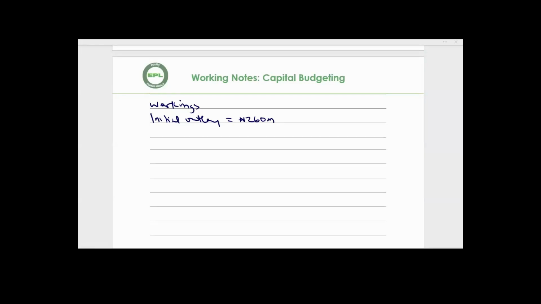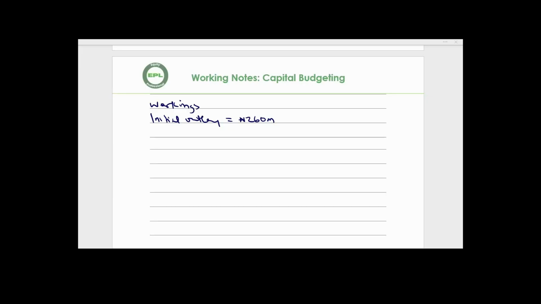The fact that your sales has increased from 360 million to 1.1 billion does not make that your sales value. The examiner is just telling you that sales has increased. That's not what I'm looking for. I need the anticipated sales, or the expected sales, or projected sales.